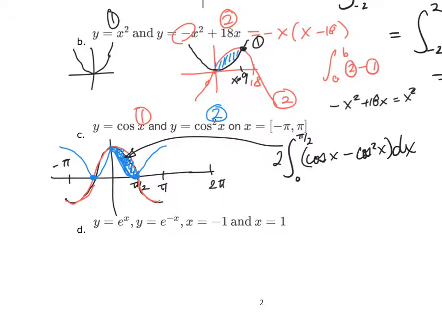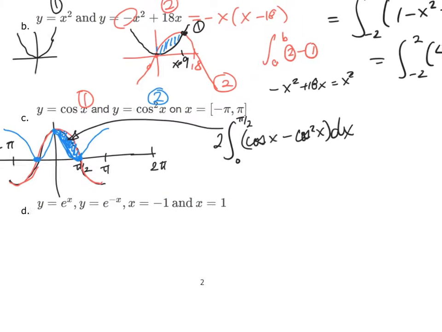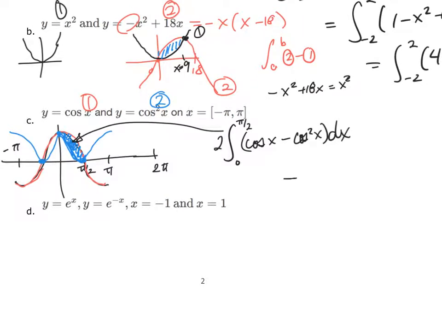Now in my second region, these switch, but I still have 2 of them, plus, and it's going to go from pi halves to pi. Now cosine squared is above the first one, so minus cosine x.